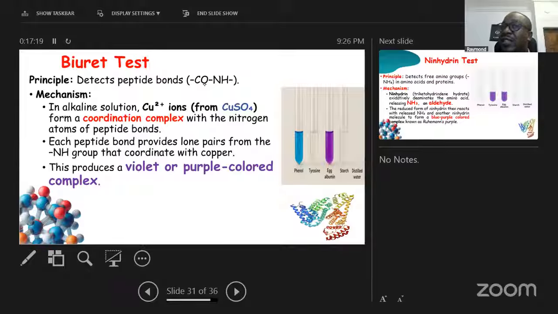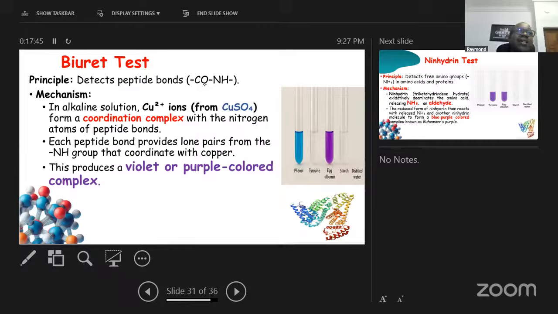Thyroxine is an amino acid. It will not turn purple. It can only turn purple if there is a peptide bond, and thyroxine is not forming any peptide bond with another amino acid, so it will not react with the Biuret reagent.